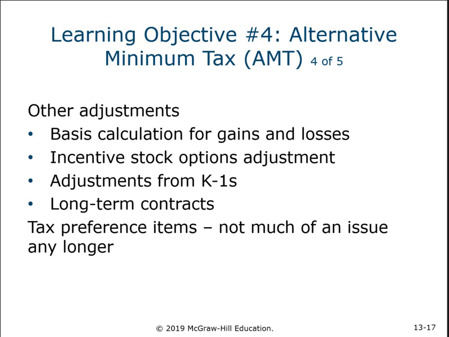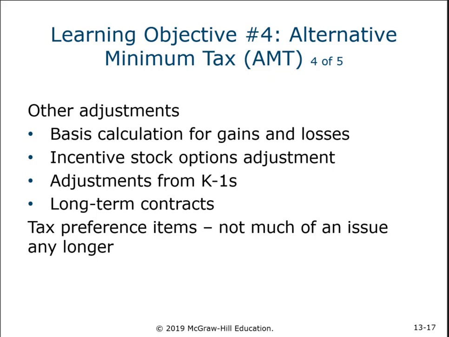Those are not income for regular tax purposes, but at least a partial part of them is income for AMT purposes. So that would be added on. And that's not that uncommon that companies use, although some of the rules have changed with stock options that have nothing to do with taxes that have made them less common than they were, say, 10 or 15 years ago.